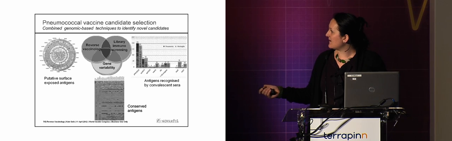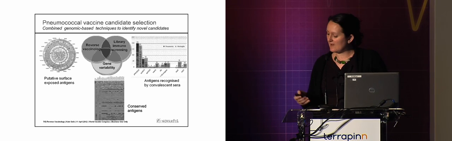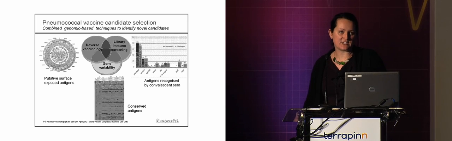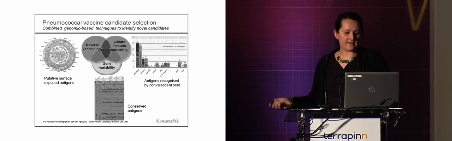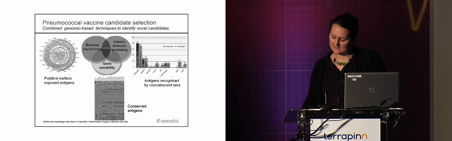So this lets you identify proteins that are both expressed and immunogenic during infection of the host. And the sera used was from patients recovering from pneumonia or meningitis. And then finally, the gene variability was assessed by using genome hybridization analysis to identify conserved antigens.